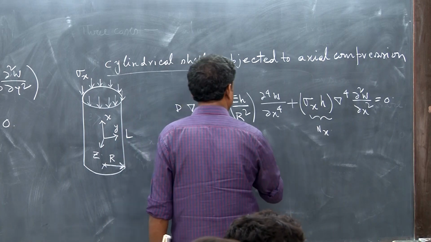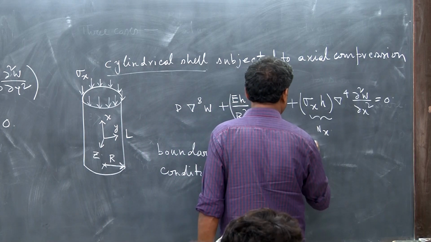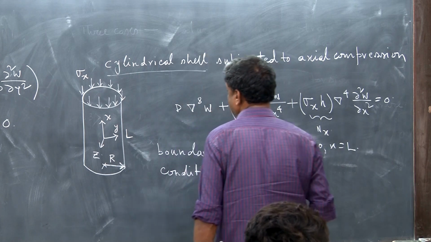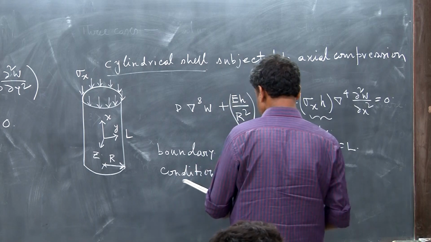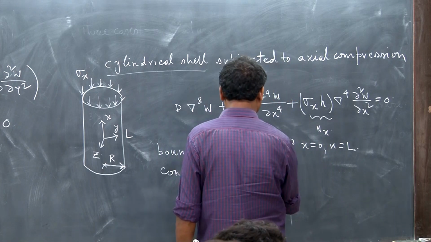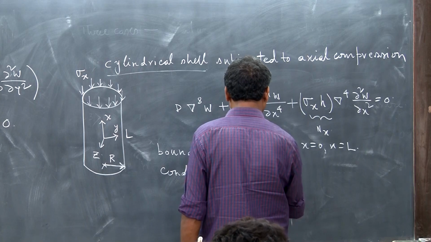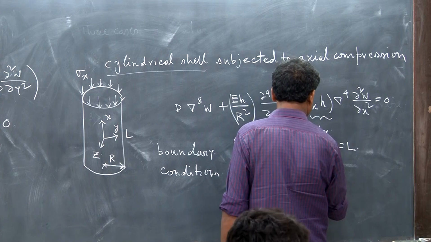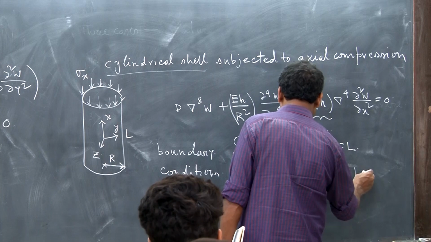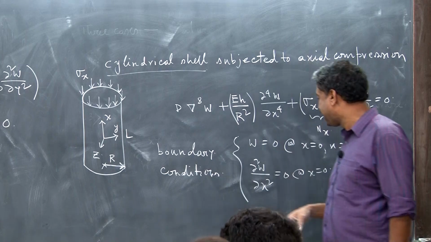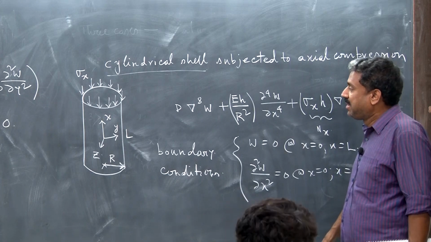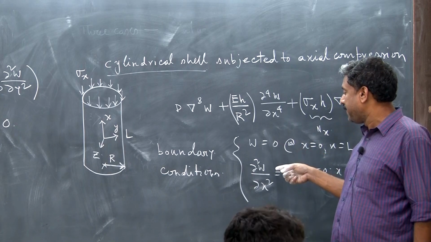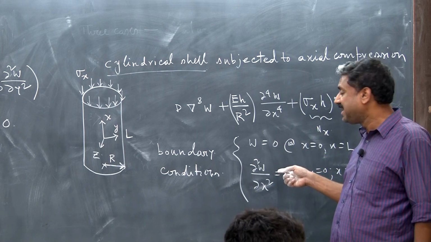Assume simply supported, so W is equal to 0 at x equal to 0 and x equal to L. Because it is axisymmetric, if we assume W is equal to 0 in the y direction, the bending moment needs to be 0.